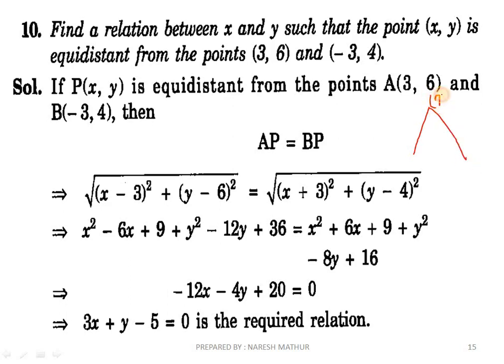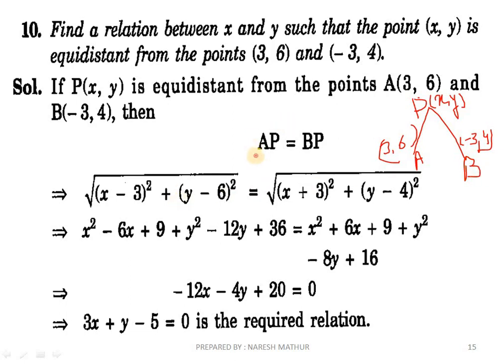We have this point as x comma y and this one is equidistant from these points, let's say 3 comma 6 and minus 3 comma 4. So you have to just apply the distance formula in both ways. First find the distance between this and this point. Let this point be P and these points A and B. So find PA and PB.